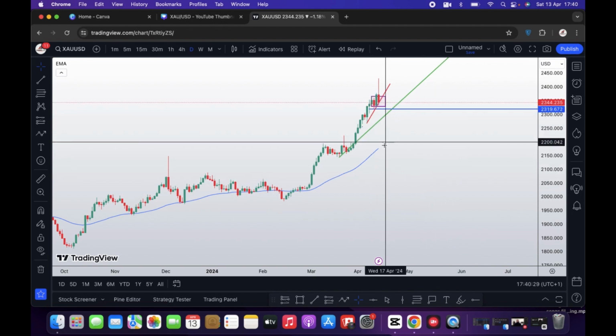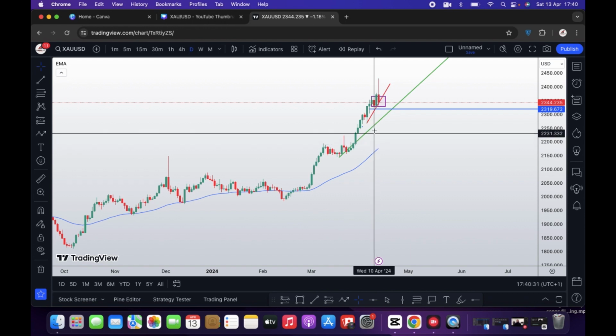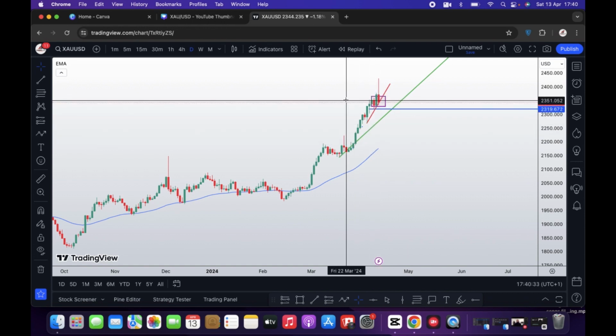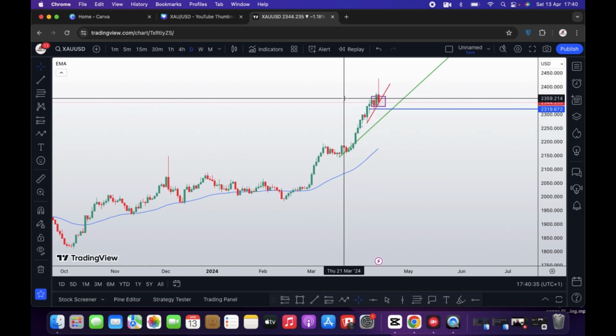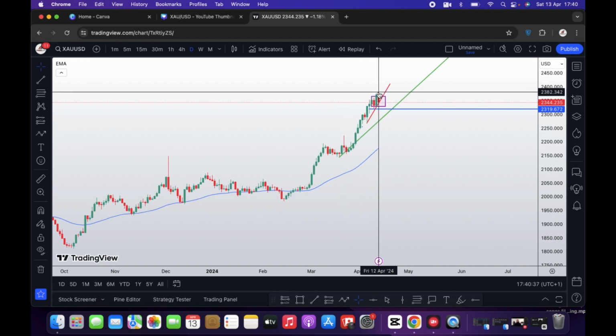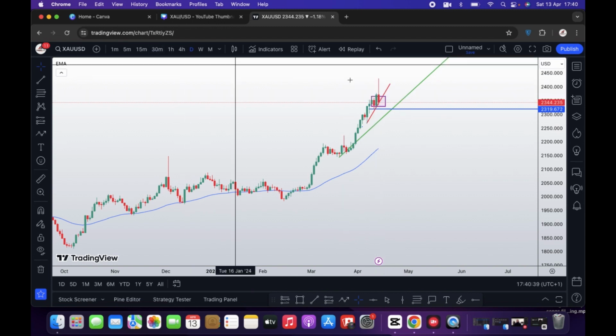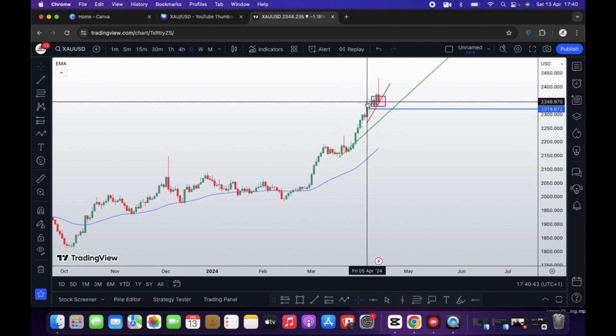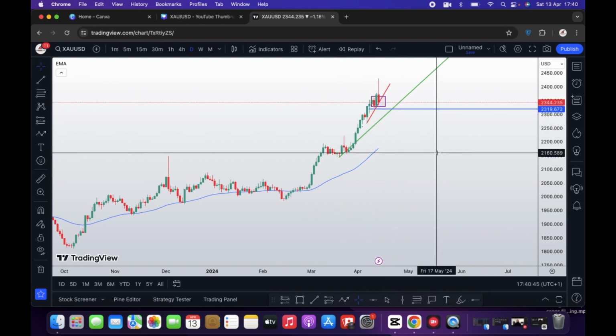You can see that gold took out this high here, then came back to retest it, and I have already marked this out. Now this is one candlestick on daily time frame, but on 4 hours time frame it is more than one candlestick.